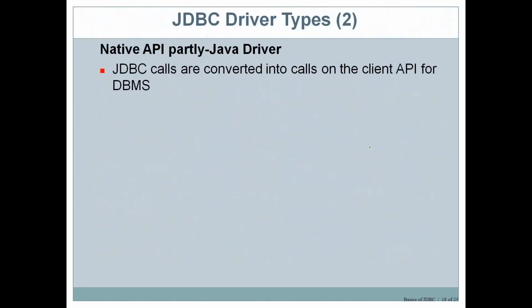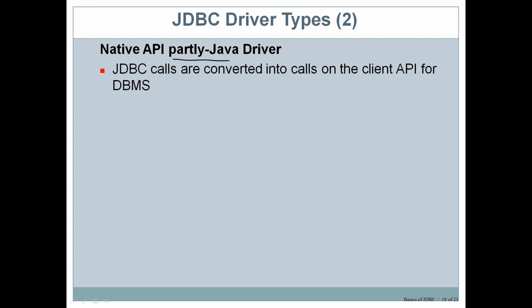Then the type 2 driver, that is the native API partly Java driver. The JDBC ODBC driver is not portable because it is used only on the Windows platform and cannot be used on any other platform, and it is not a pure Java solution because it is using ODBC again.